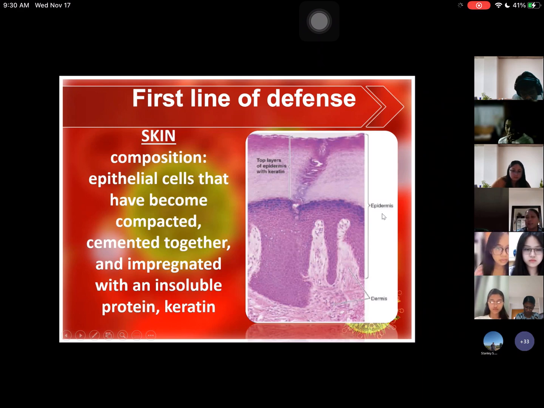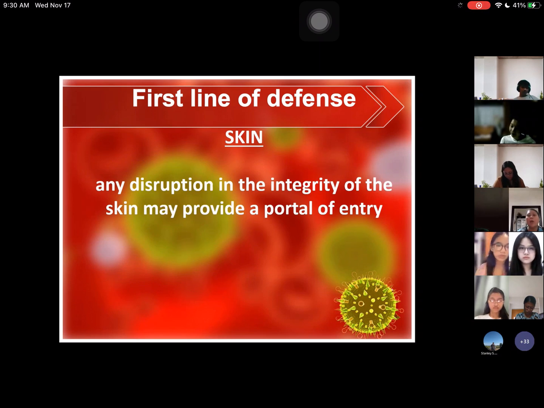Before an invader or a microorganism passes through inside our system, it needs to break through our first line of defense, which is our skin. Any disruption in the integrity of the skin may provide a portal of entry.